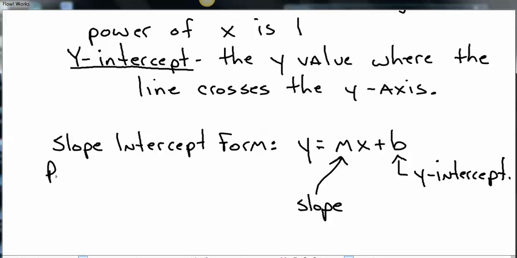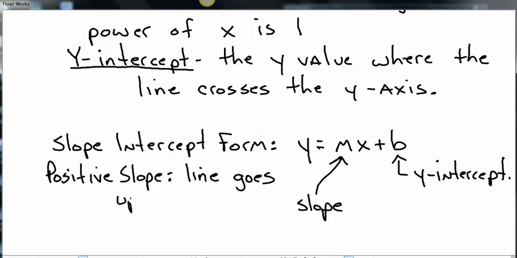That's the slope of the line. Positive slope. We're going to say the line goes up and to the right.